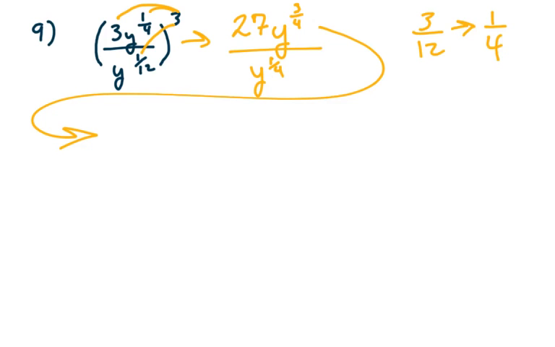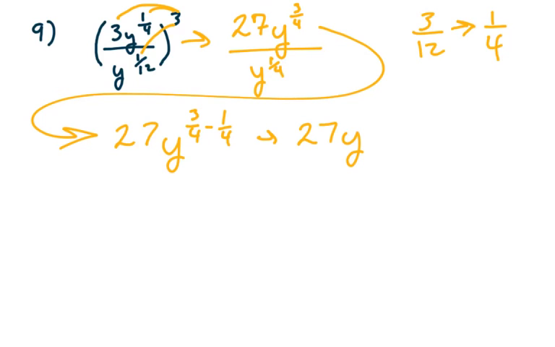Okay, move it down here. So we have 27. Y to the, okay, let's use the division rule. The quotient rule. Okay, so we're going to have y raised to the 3/4 minus 1/4. And if we simplify that, it's going to be 27y to the 3/4 minus 1/4.